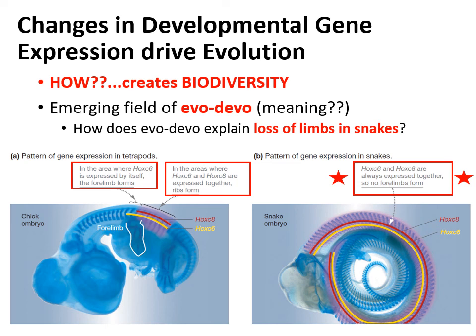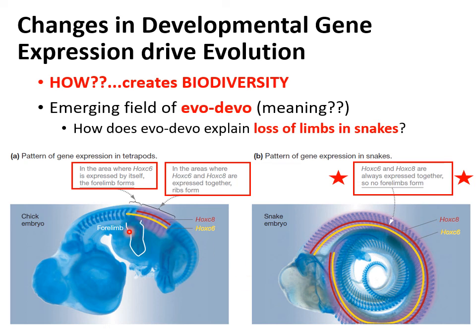Not only does it not have limbs because there's nowhere with just HOX6, but because HOX6 and 8 are expressed throughout the whole embryo, snakes have between 200 and 400 vertebrae with ribs attached. So snakes have between 200 and 400 ribs because of this differential gene expression, because of the fact that they have HOX6 and 8 all throughout their embryo expressed together, rather than having locations where HOX6 is expressed by itself.